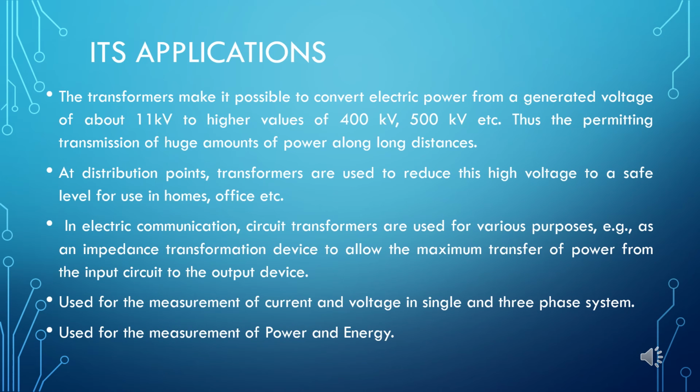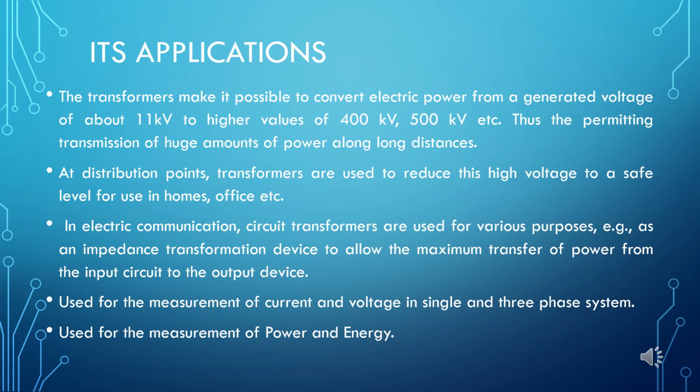Applications of transformers. Transformers make it possible to convert electrical power from a generated voltage of about 11 kV to higher values of 400 kV, 500 kV, etc., thus permitting transmission of huge amounts of power over long distances.